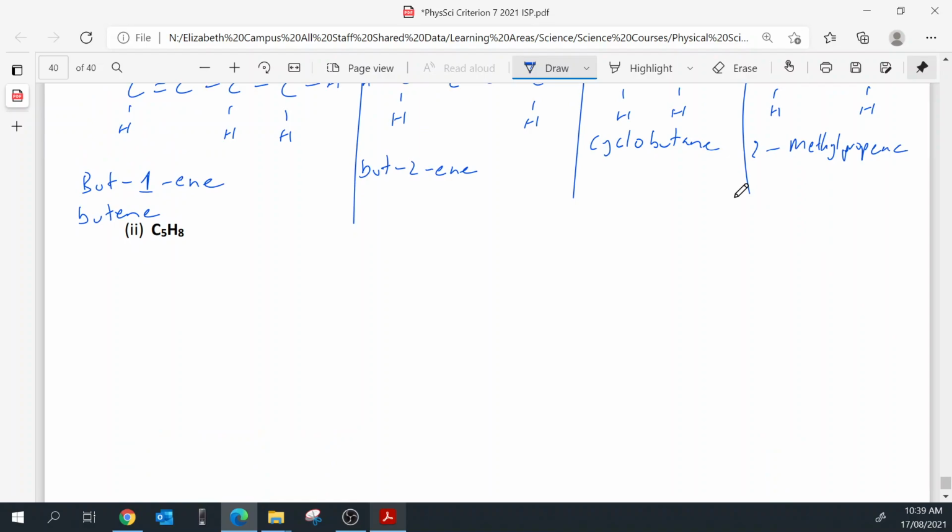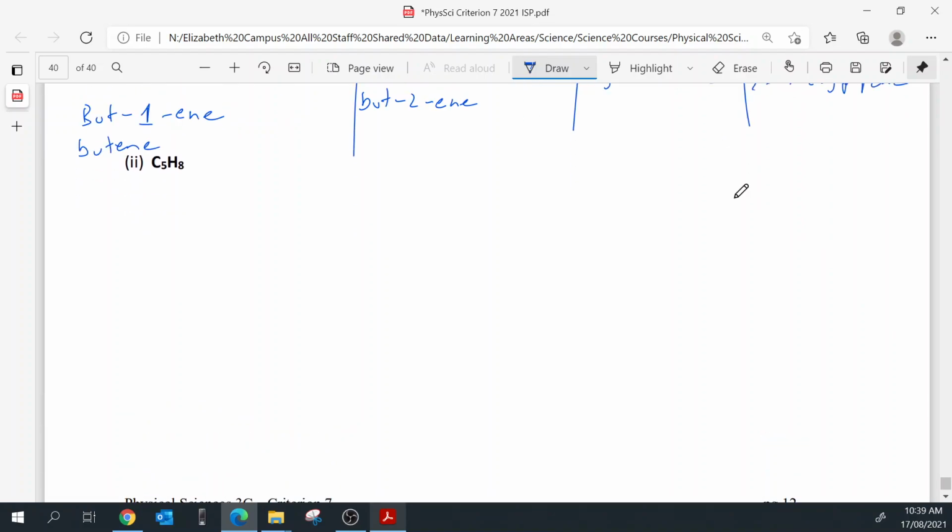Okay, so again, we start off with the simplest one. So if we start off with 1, 2, 3, 1, 2. Okay, so that's our 5, and then we're going to have 1 hydrogen hanging off here, and that's got 4 already. This has got hydrogens coming off there.